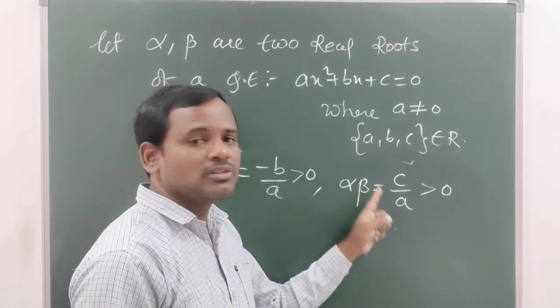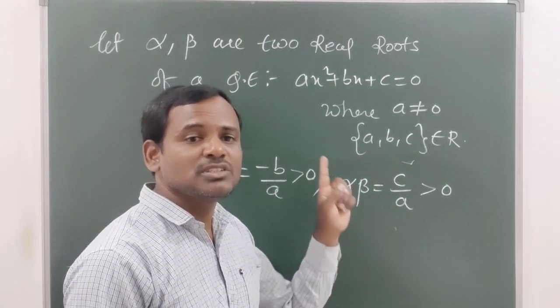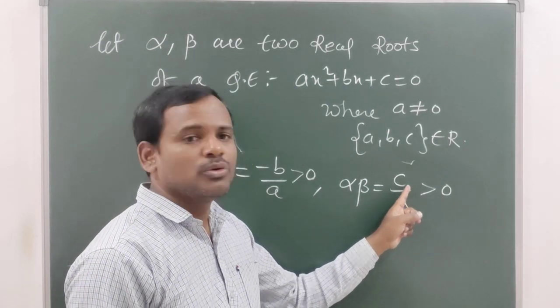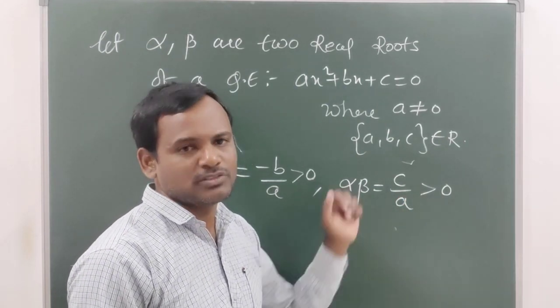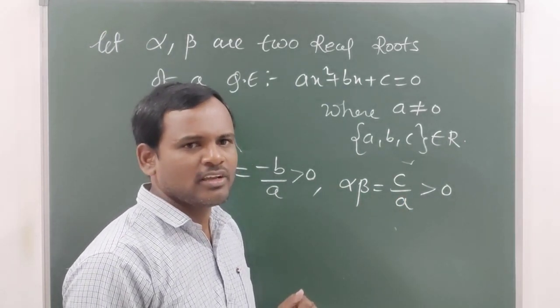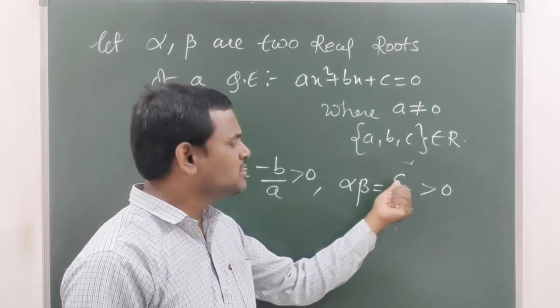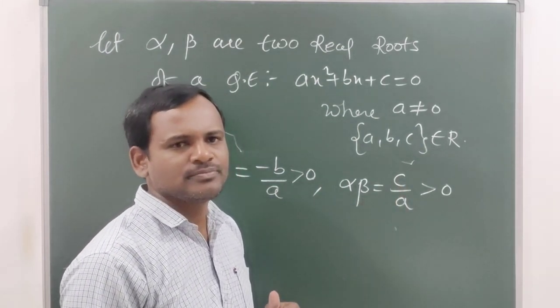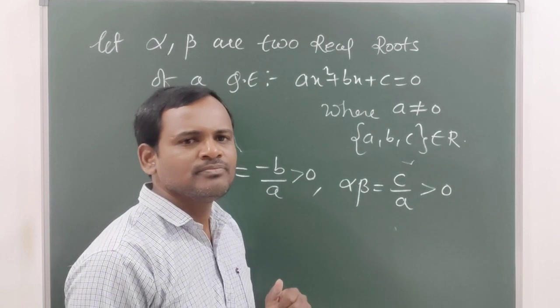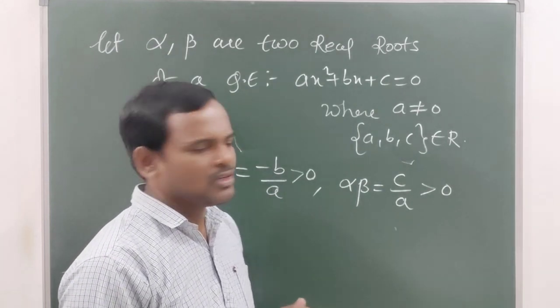So c and a must have the same sign to get this division as positive. Now we have confirmed the signs of c and a, both should be same.